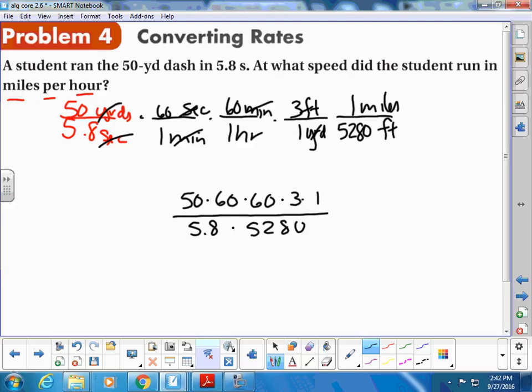So 50 times 60 times 60 times 3 equals 540,000, that's 5, 4, and then 1, 2, 3, 4 zeros, over 5.8 times 5,280.